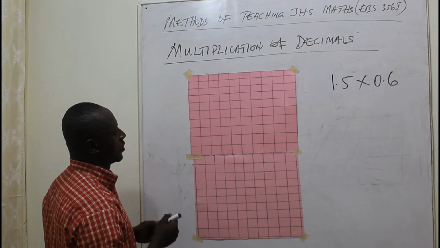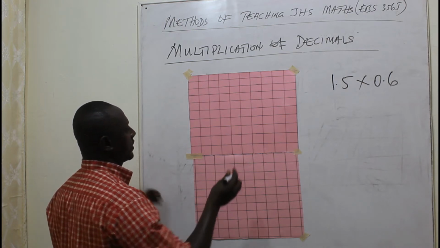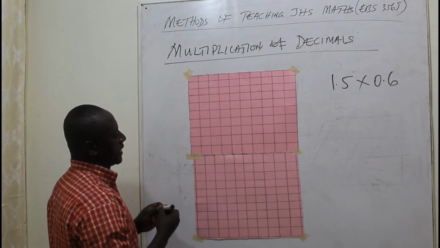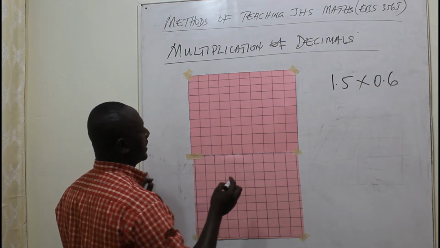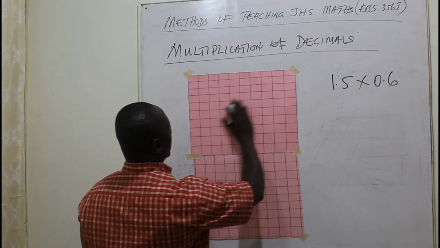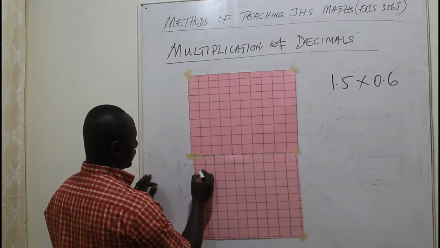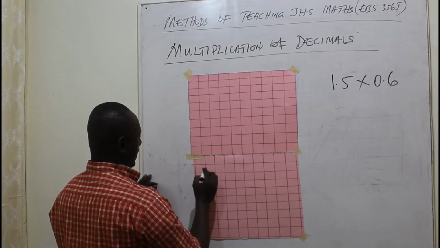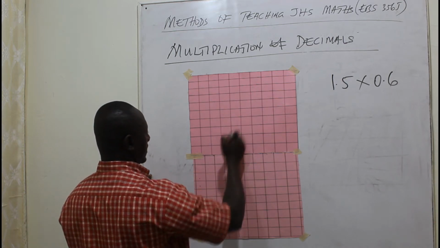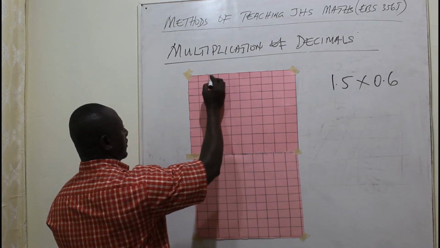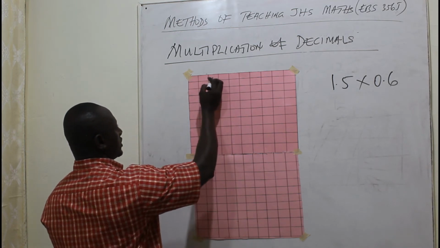And so, if I want to get 1.5, what it means is that I will need the whole here and then choose 5. That's 1, 2, 3, 4, 5. And so if I shade up to this, I'm after 1.5. Okay? So let me try to shade.